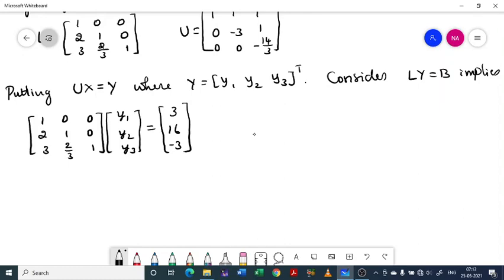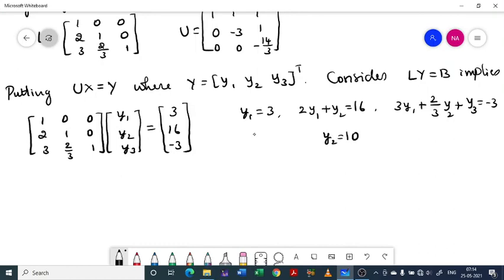Okay, so solving this we will be getting y1 equal to 3, then 2y1 plus y2 equal to 16, 3y1 plus 2 by 3 y2 plus y3 equal to minus 3. Substituting for y1 here, 6, then y2 equal to 16 minus 6, so y2 will be 10.